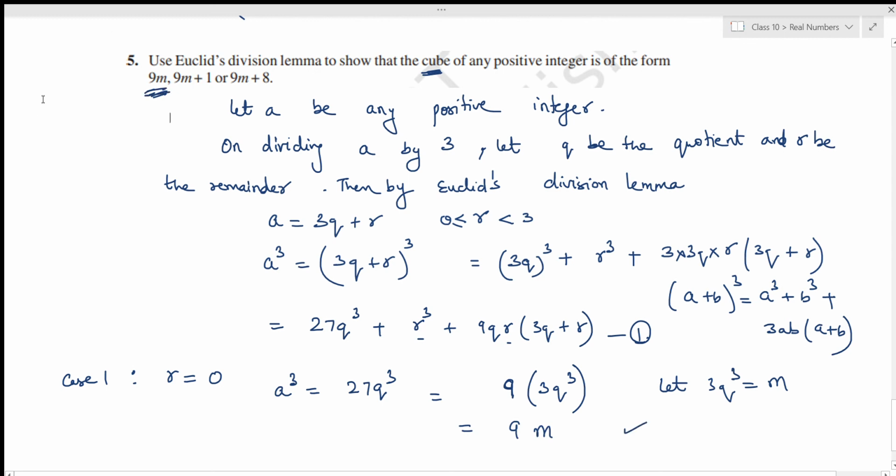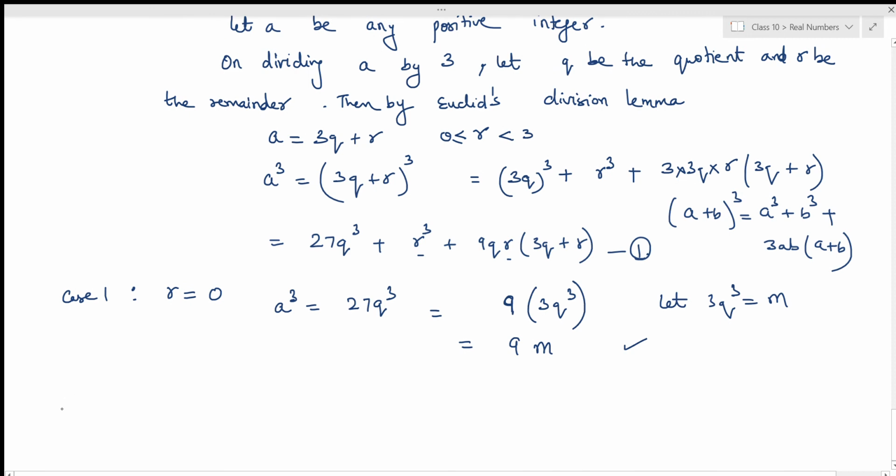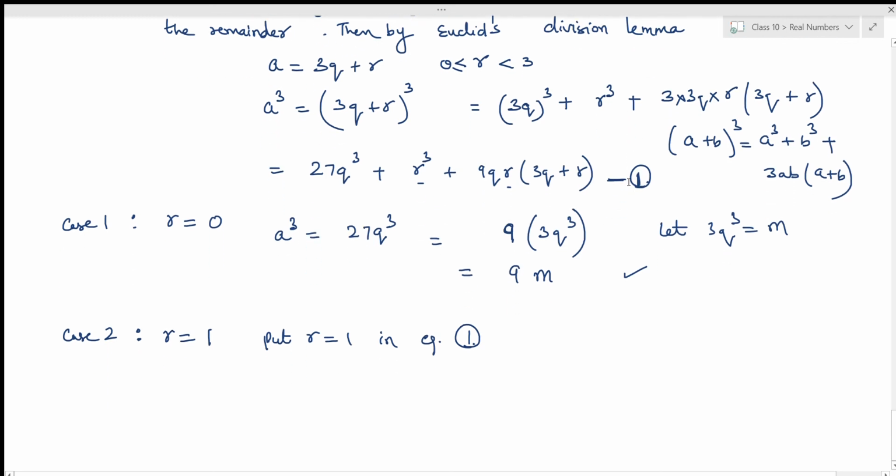Fine. Now let's move to the second case. Case 2, when R is equal to 1. Again put R equal to 1 in equation 1. In other questions also, you can name this equation 1 if there is confusion, and keep on putting the values. Now when R is equal to 1, A cube becomes 27Q cube plus 1 cube plus 9Q into 1 into 3Q plus 1.